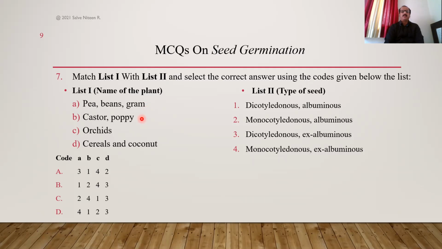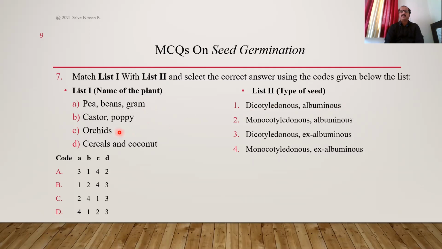In the case of castor and poppy, these are dicots, but these are albuminous, endospermic. Most of the oil seed plants, oily seeds, are endospermic, albuminous seeds. So B matches with the first.